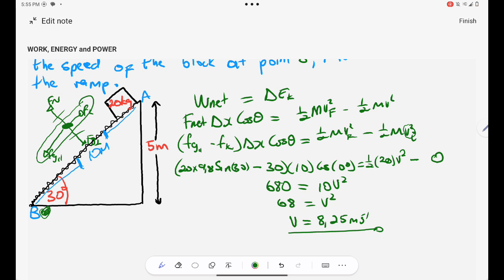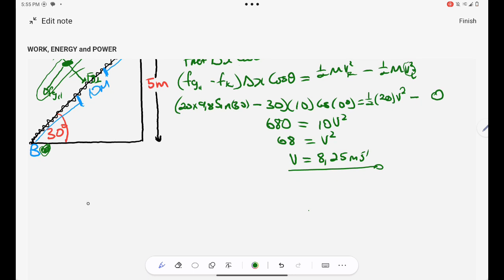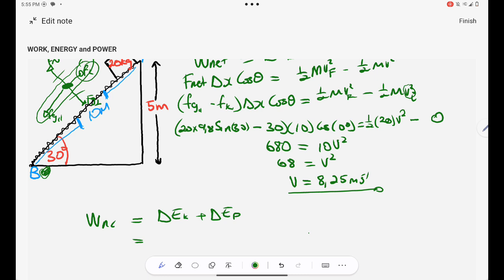But since I said you must use work done by non-conservative forces, we are supposed to say work done by NC is equal to the change in kinetic energy plus the change in potential energy. There's only one non-conservative force over there, which is just friction.